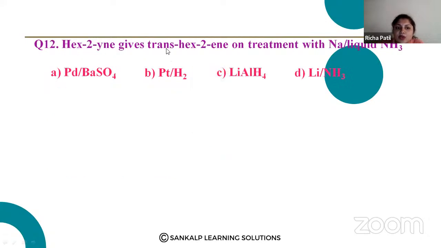Next, hex-2-yne gives trans-hex-2-ene on treatment with sodium in liquid ammonia.